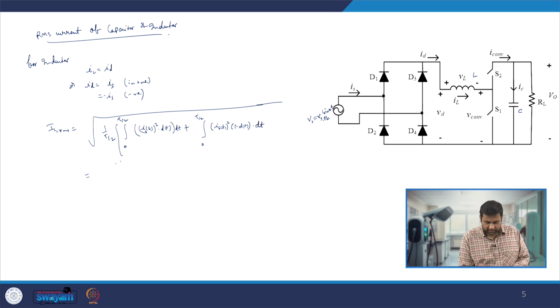So if we do addition, what we will get is 1 by T by 2 going from 0 to T by 2 Is of t square into d of t.